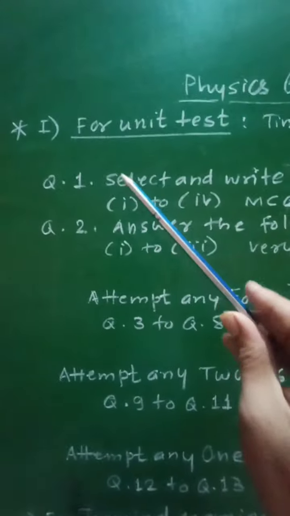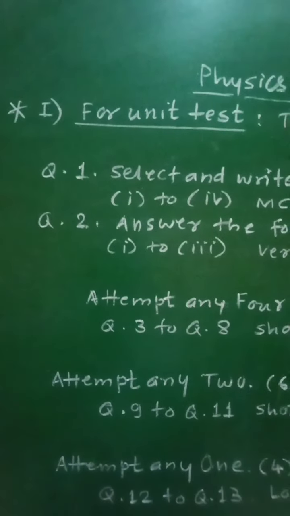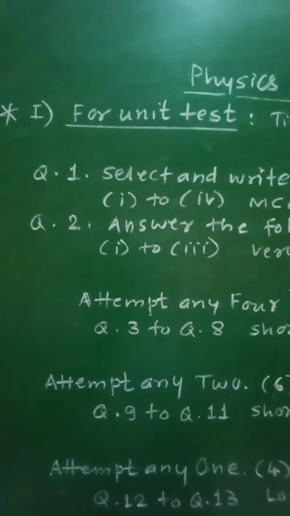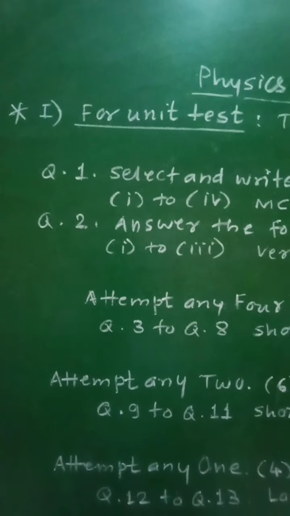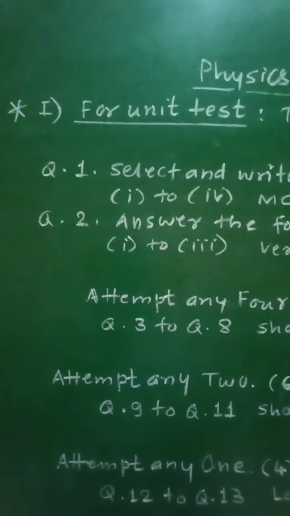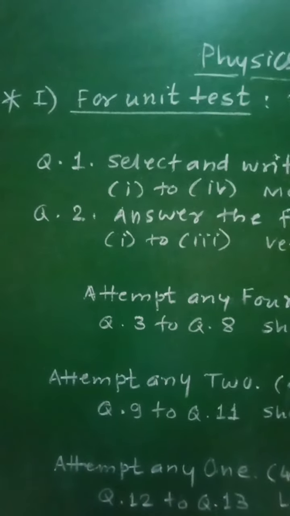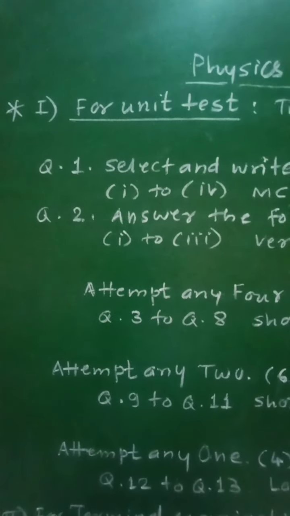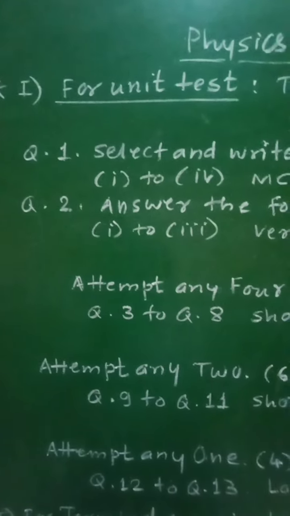The paper will contain a total of 13 questions, that is question number 1 to question number 13, and these 13 questions will be divided into 4 sections A, B, C, D.